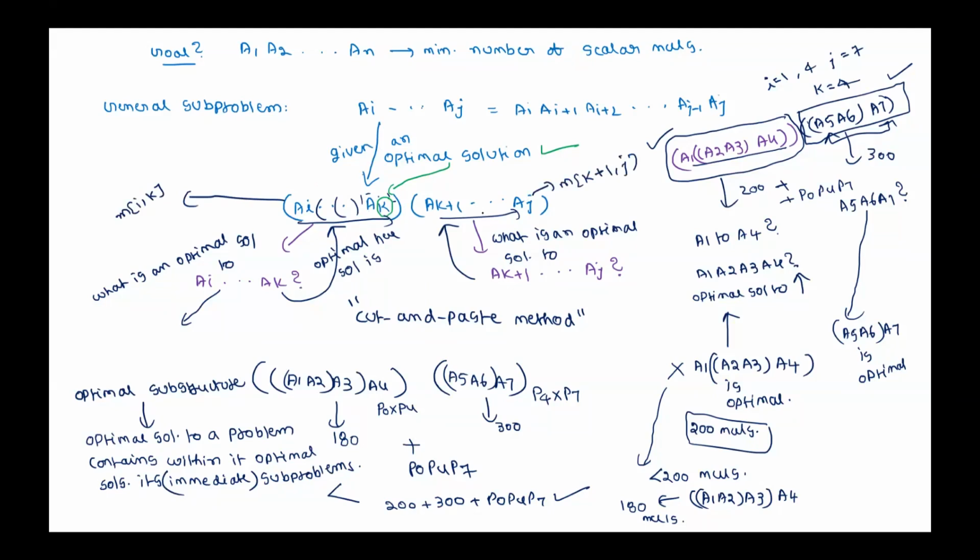After that, these two matrices we need to multiply. For that, how many multiplications are required? P(i-1), Pk, Pj. If we combine these three, this gives us the optimal number of multiplications for Ai to Aj. That means by exploiting this optimal substructure property, we can recursively define the solution to a problem in terms of solutions to its subproblems.